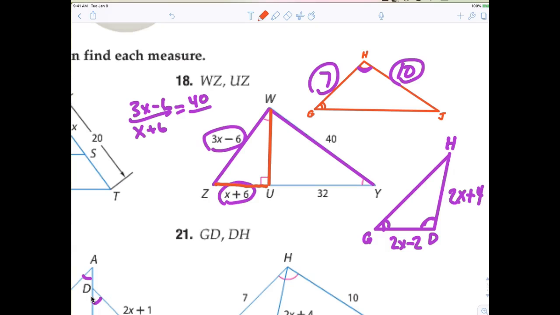I'll just do 2 marks here, which would make 2 marks up here because this is the right angle. So then x plus 6 corresponds to the right angle and the 2 marks. That's why I'm trying to show you the right angle here. But the problem is there's not a number there.